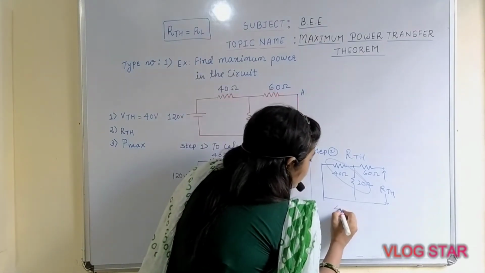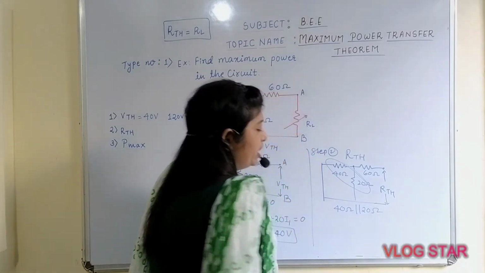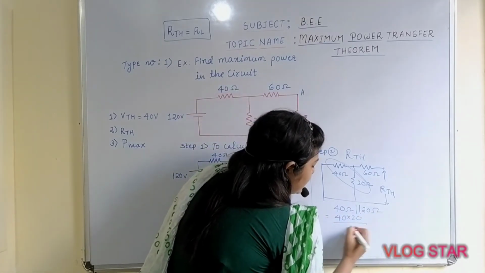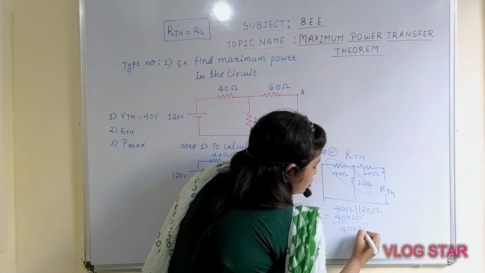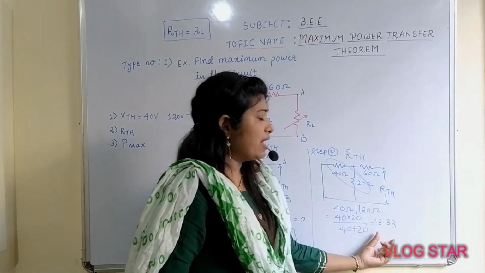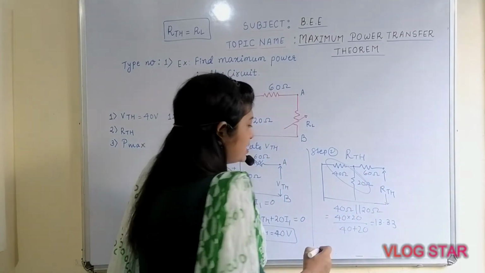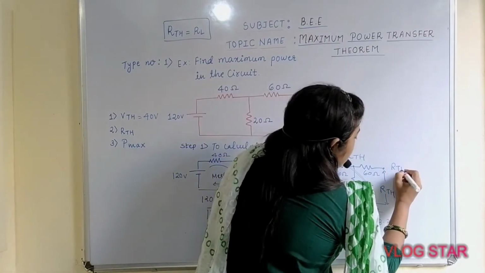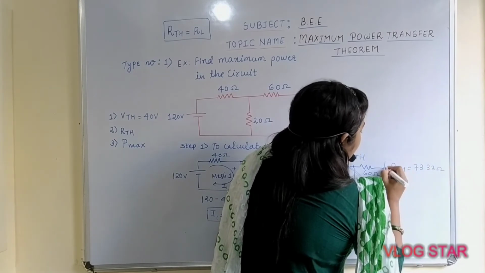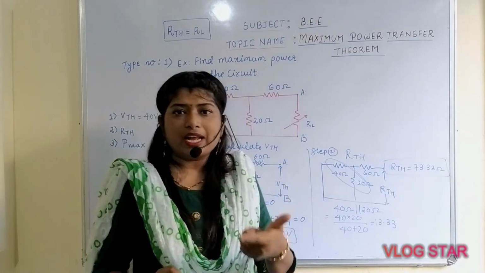As studied in the previous lecture, 40 into 20 over 40 plus 20 gives 13.33. This parallel combination is in series with the 60 ohm resistor, so RTH is equal to 73.33 ohm. I hope you have understood how to calculate VTH and RTH.